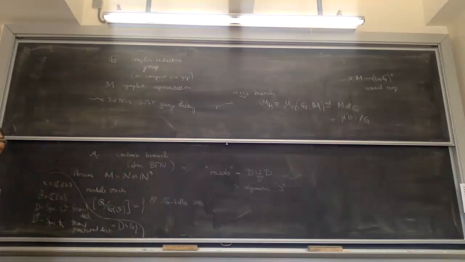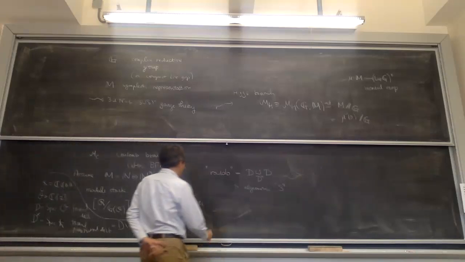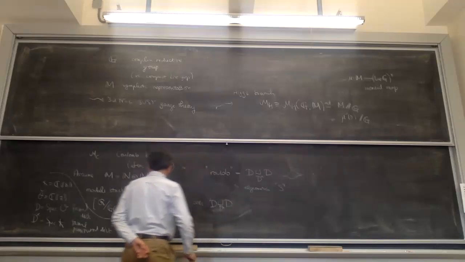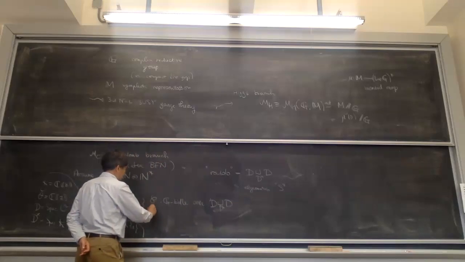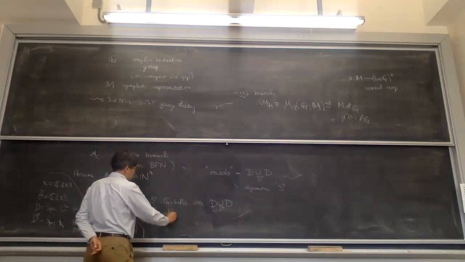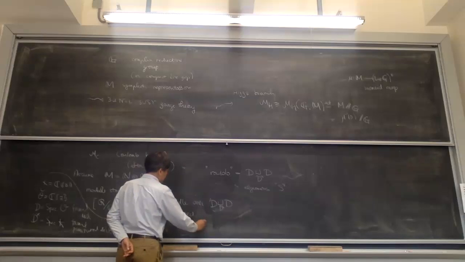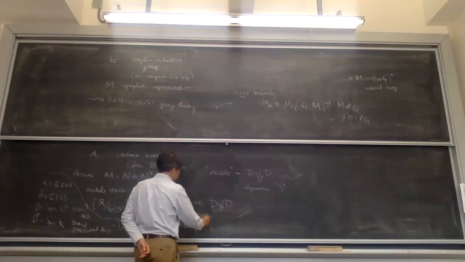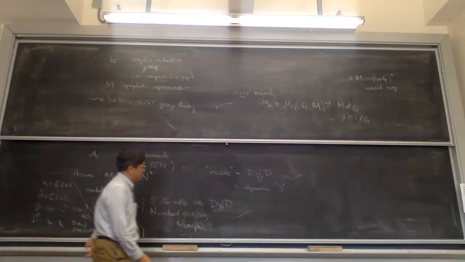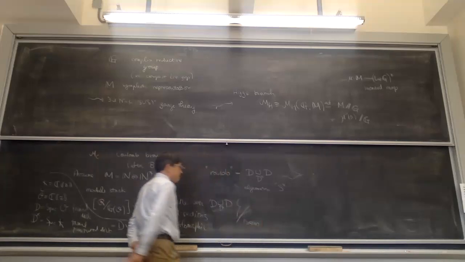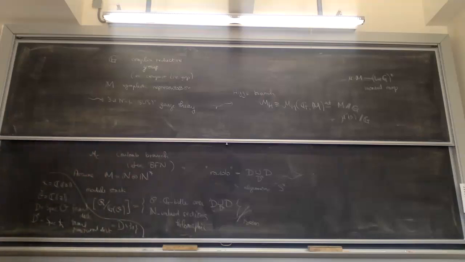And then the moduli space on the raviolo of G bundles plus N-valued holomorphic sections is some moduli space.